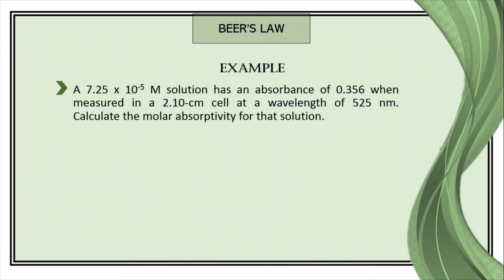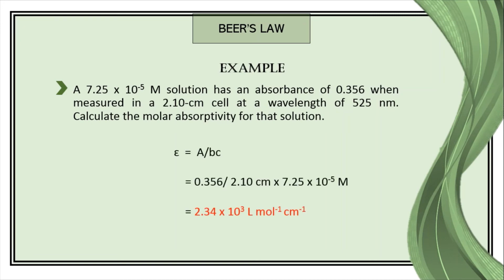Let's try one calculation example to put this into context. The question is, a 7.25 times 10 to the power of negative 5 molar solution has an absorbance of 0.356 when measured in a 2.1 cm cell at a wavelength of 505 nanometer. Calculate the molar absorptivity for that solution.